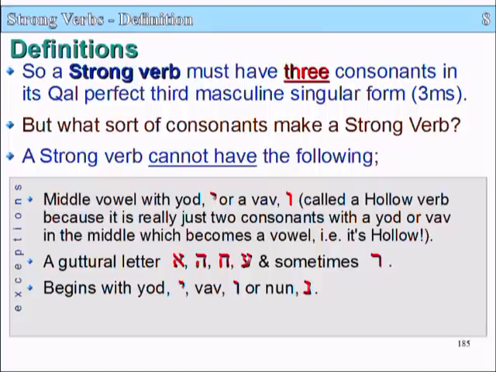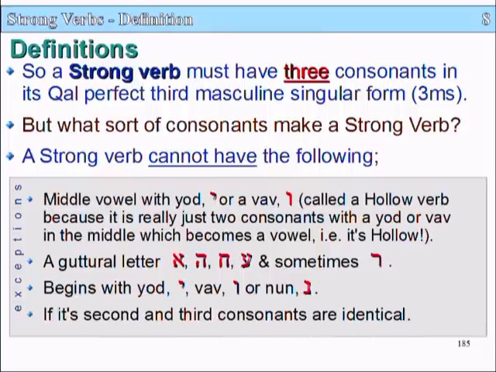And a strong verb cannot begin with a yod or a vav or a nun. So if it has a yod, a vav, or a nun at the beginning of the verb, then it's not a strong verb.